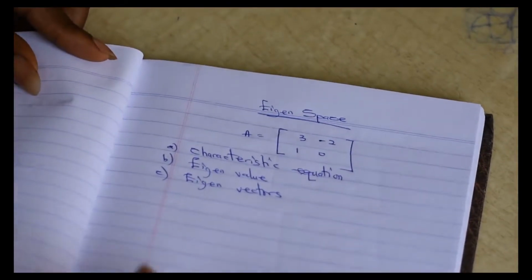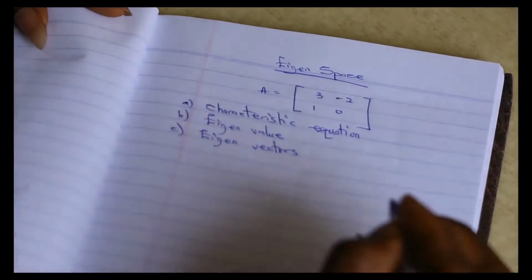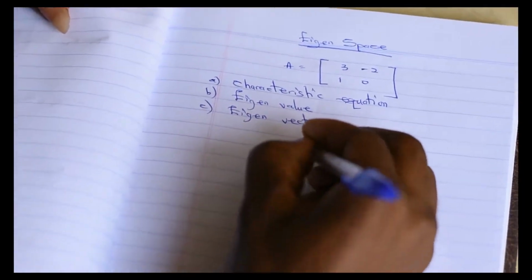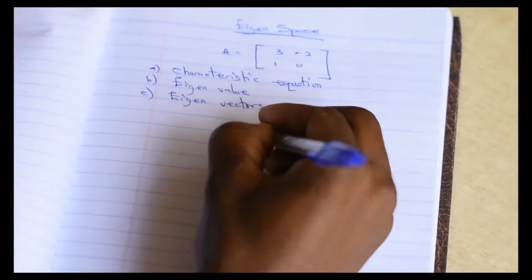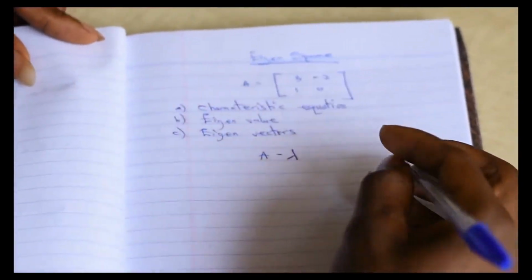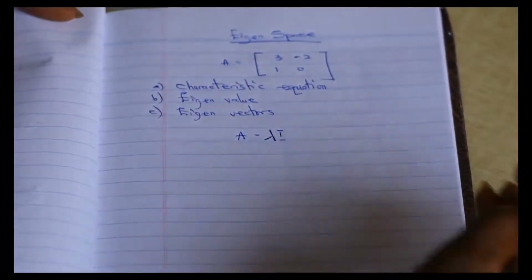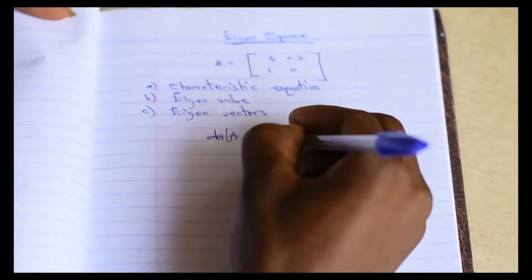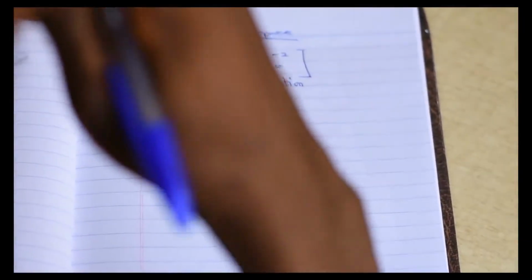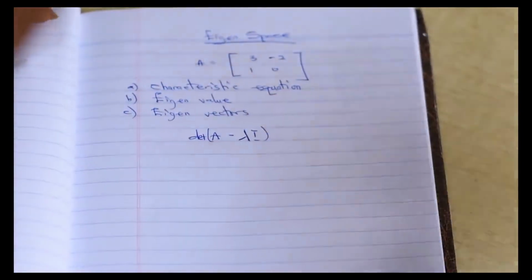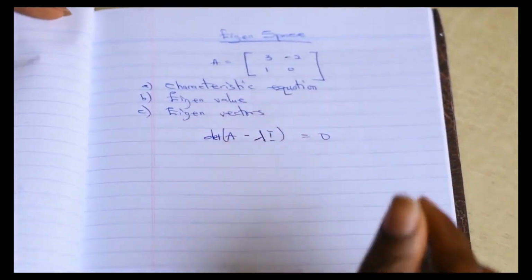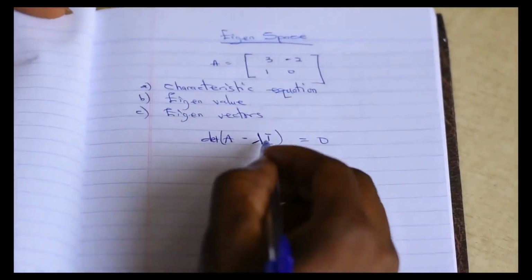So we know that in the eigenspace, we have the matrix, and then we have a matrix of the eigenvalues. The determinant of the matrix formed by subtracting the matrix of the eigenvalue from the original matrix should be 0.